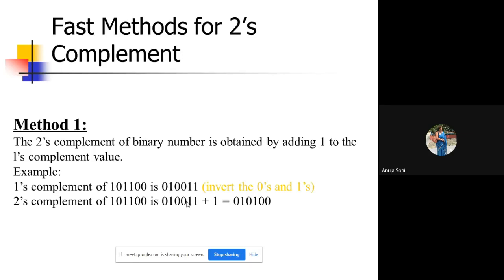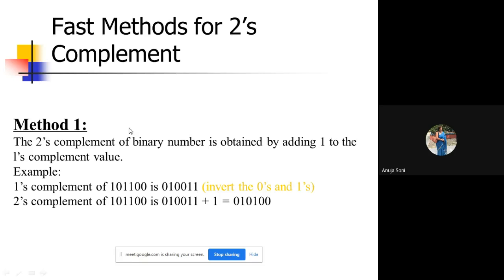Now we talk about the twos complement. There are two methods to obtain the twos complement. The very first method is that you first have the ones complement in a similar manner as we talked about earlier, and simply you add the value 1 to the ones complement in order to obtain the value of the twos complement. This is called the comparatively long-cut method, but ultimately we'll talk about the shortcut method as well.